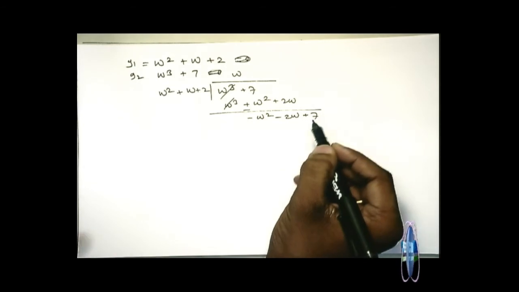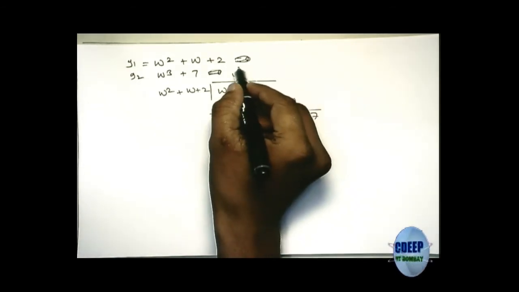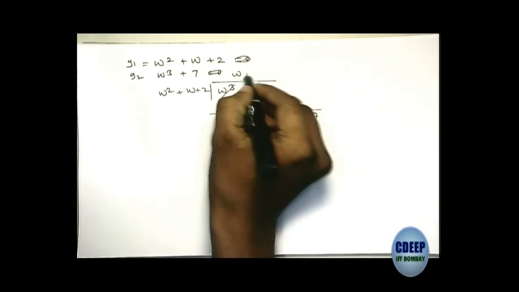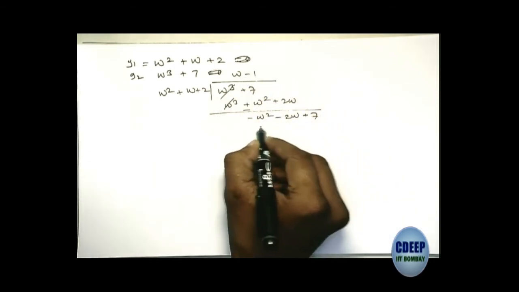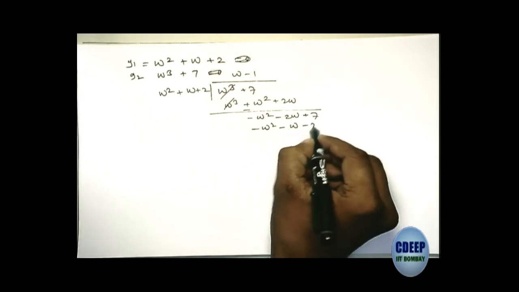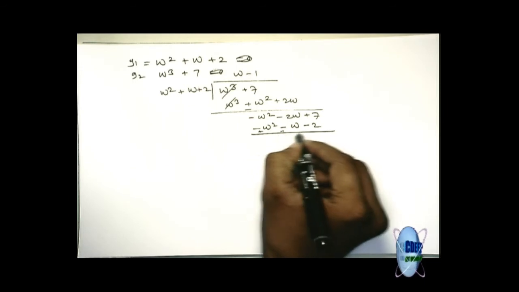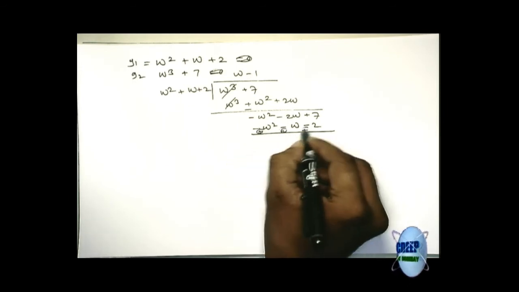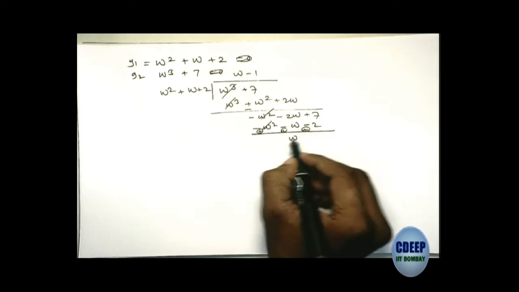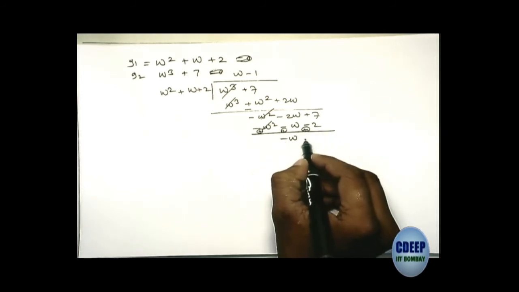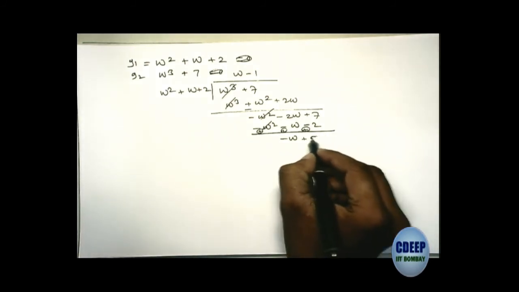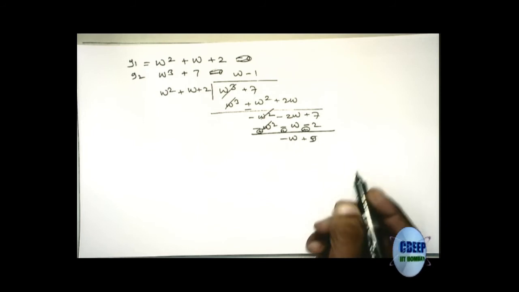Here again we have to do minus 1. Minus 1, it is minus omega square minus omega minus 2. Then this becomes minus omega plus 5. Okay, sorry, 9. After this, this is the remainder.